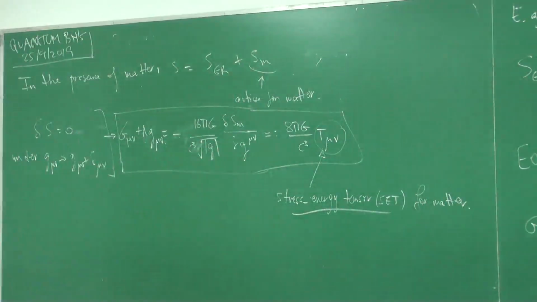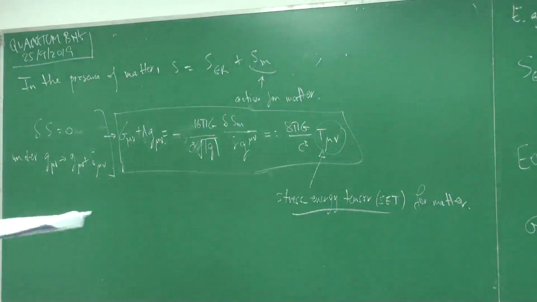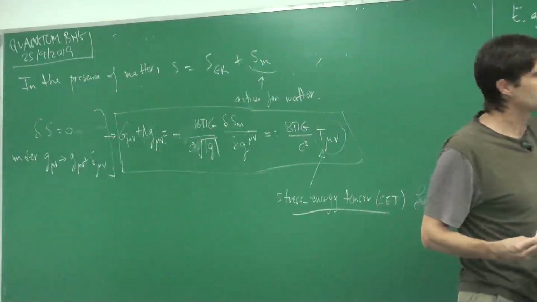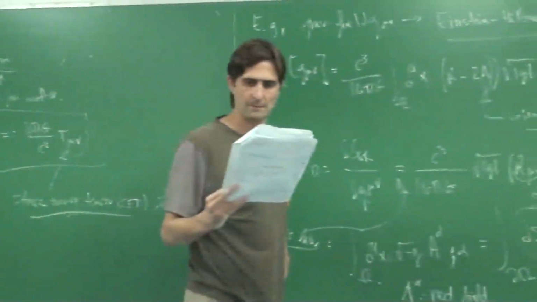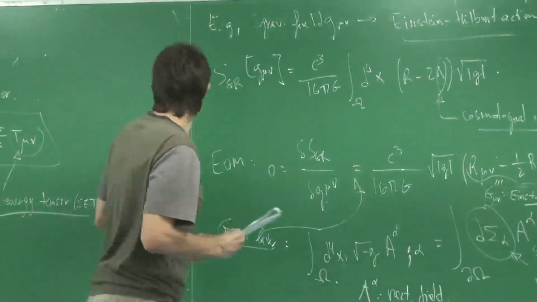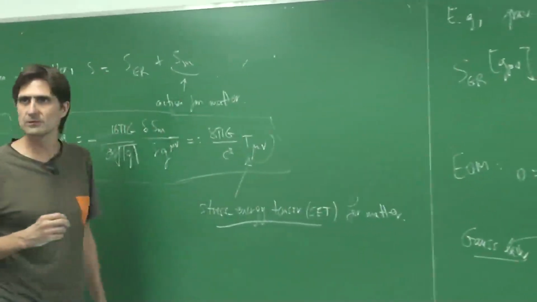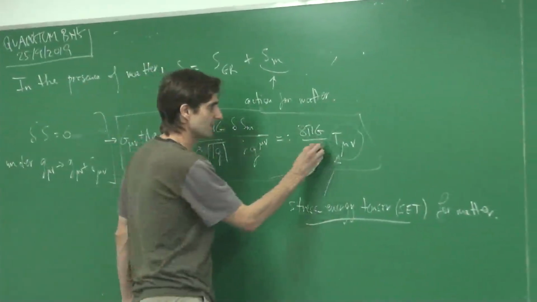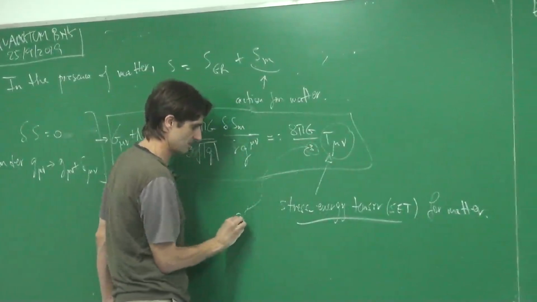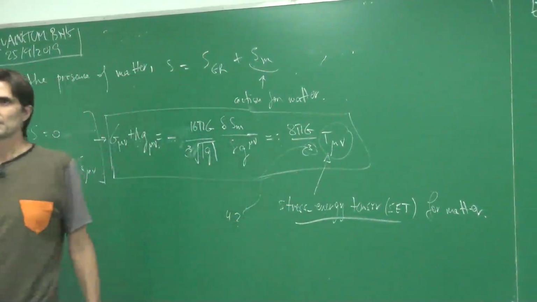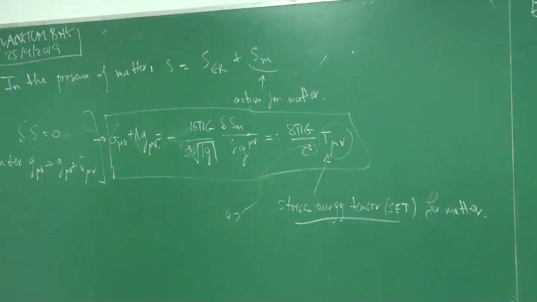For C to the 4. Sorry? It's C to the 4. C to the 4. Controversial. Why do I have C to the 3 then? Is it not C to the 3 here? Let me put a question. I have C to the 3, so that's why I'm a bit reluctant to concede, but I'll check this. Yes, it should be C to the 4.